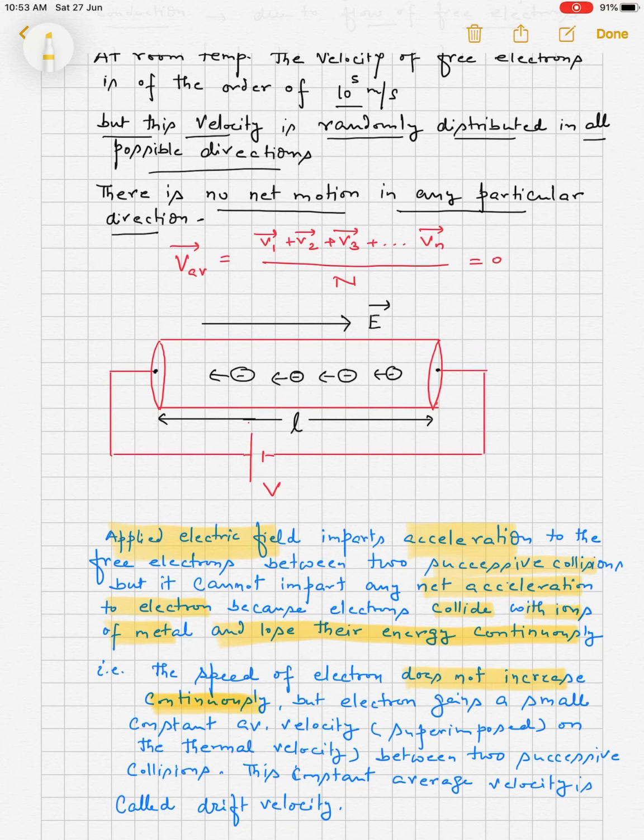The speed of the electron does not increase continuously, but the electron gains a constant average velocity superimposed on the thermal velocity between two successive collisions. This constant average velocity is called drift velocity.